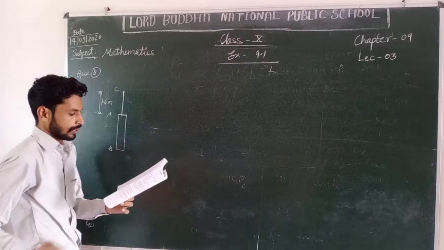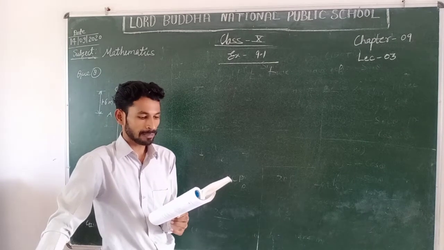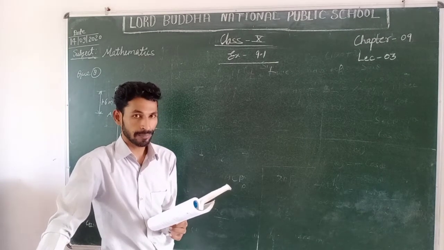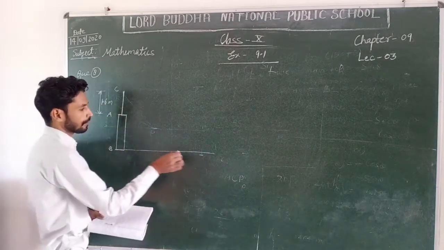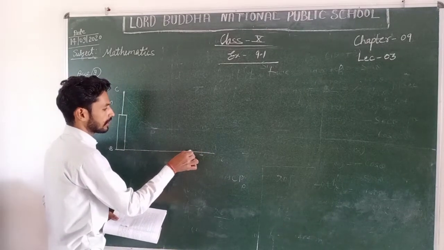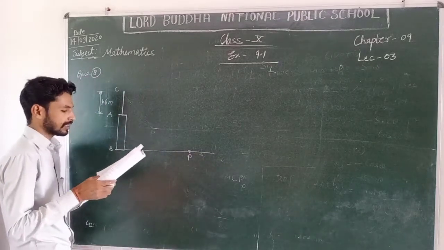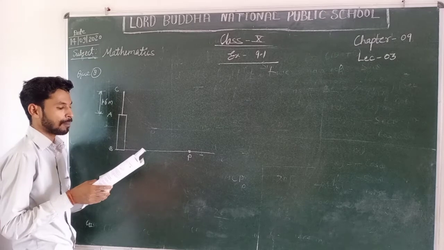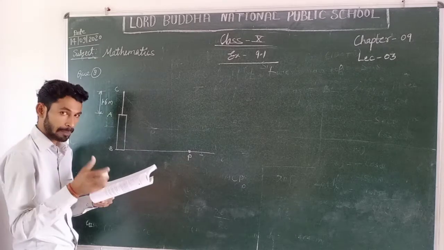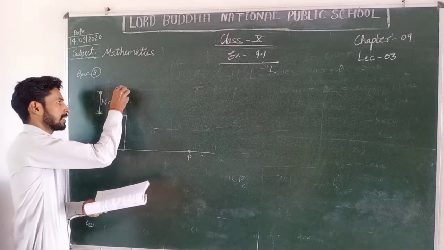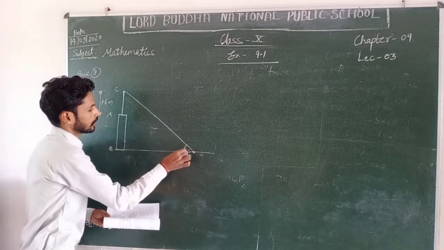Okay, and from a point on the ground the angle of elevation of the top of the statue is 60 degree. Suppose that this is the ground and on the ground there is a point P, and the question is telling us from a point on the ground the angle of elevation of the top of the statue is 60 degree.